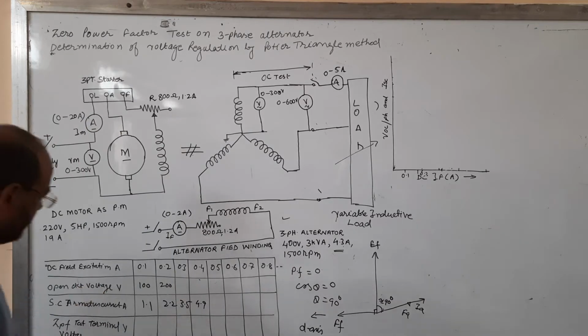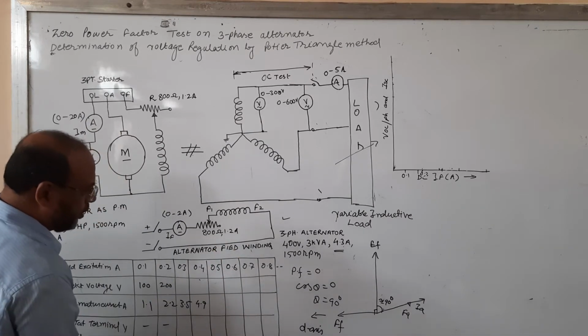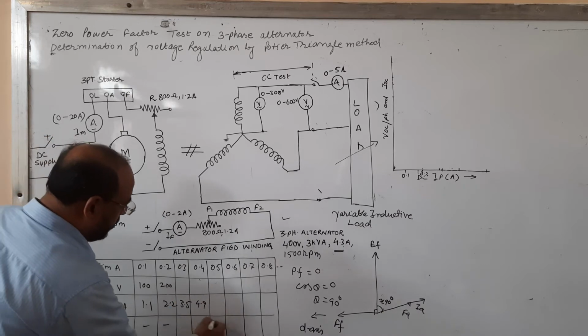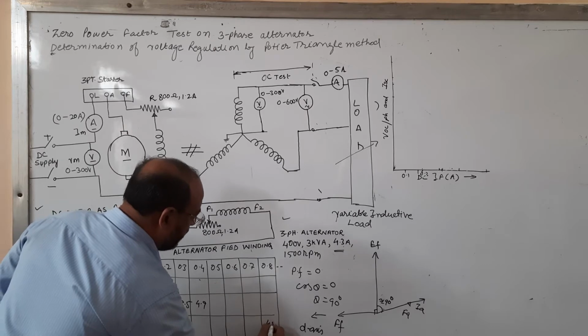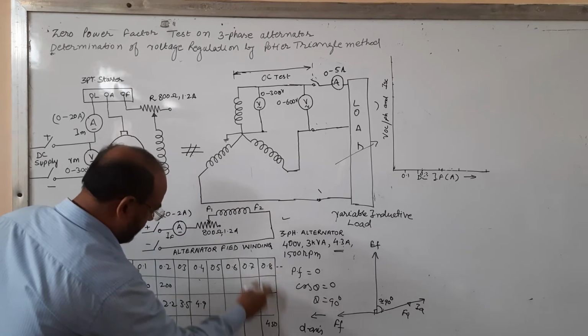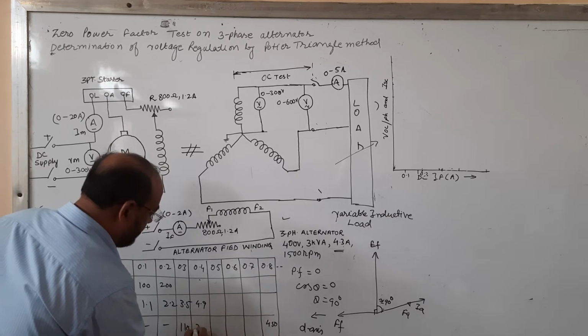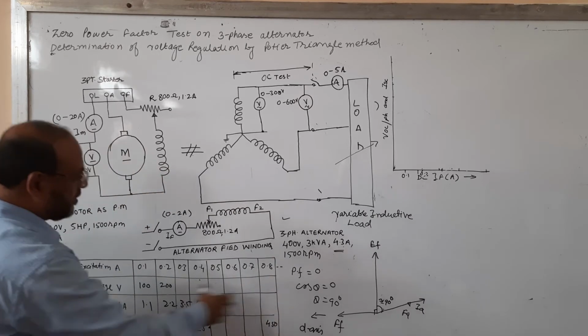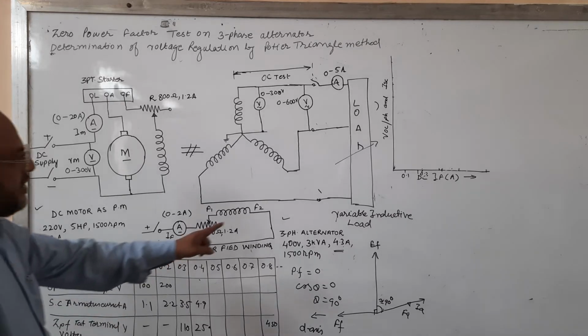Under such conditions, for some initial values you will not find the voltage, whereas for some values you are going to find it, and come up to the rated voltage, say 450 volt somewhere. It is not a correct value, means you will get some voltage here 110 volt, it may be 250 volt and so on. This is a general example of the readings, what the pattern of readings would be. Now this is the zero power factor.